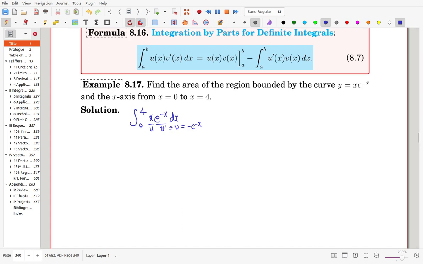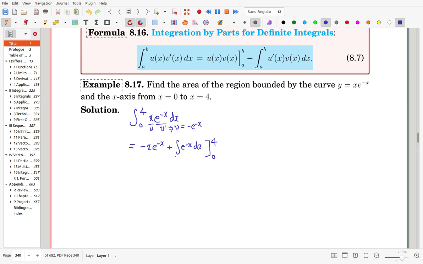So the given integral is the same as uv, which is minus x e to the minus x, minus the integral of u prime, which is 1, times v, which is minus e to the minus x, dx. Of course, after getting the antiderivative, we have to evaluate the function from 0 to 4, right?